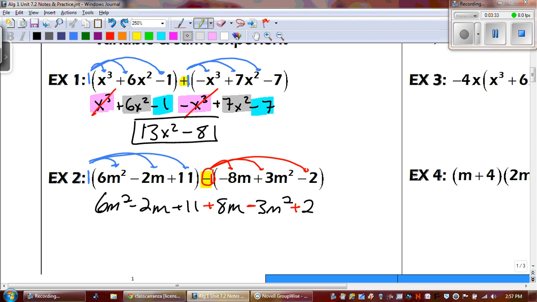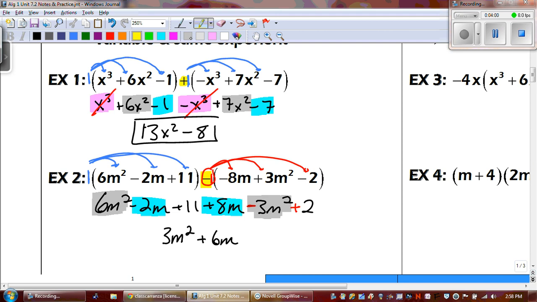So let's look for our like terms. Same variable, same exponent. 6 minus 3 is 3, and then the m squared stays. -2m plus 8m, or -2 plus 8, is positive 6m.